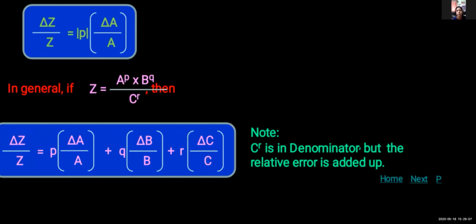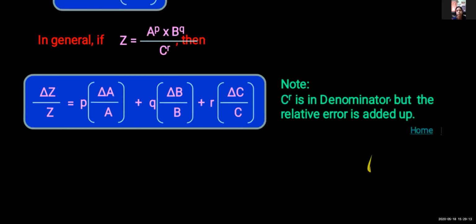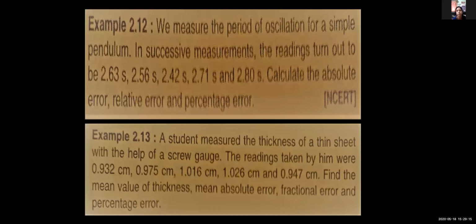Although C raised to power R is in the denominator, the relative error is added up. Okay, so these are some problems related to error.